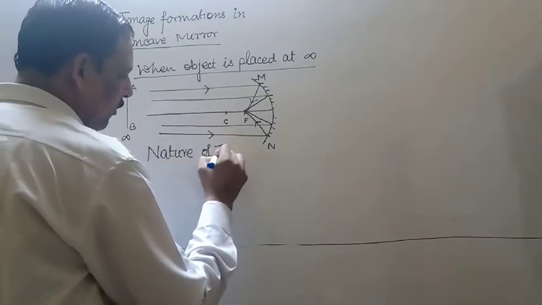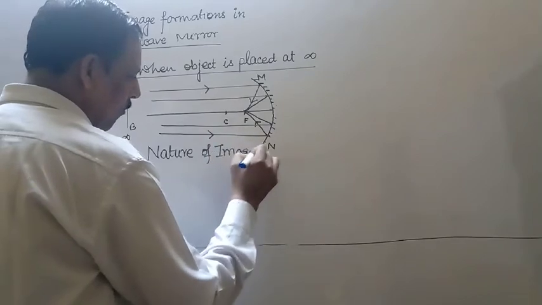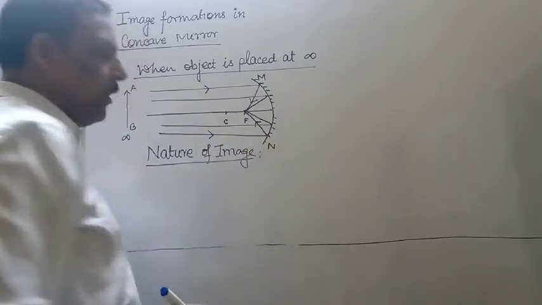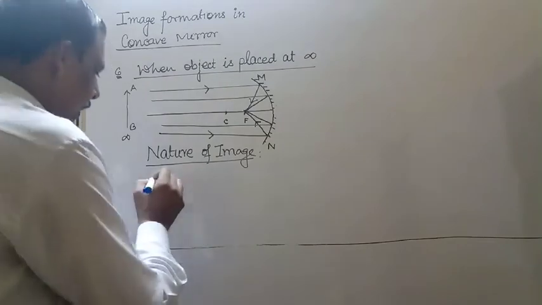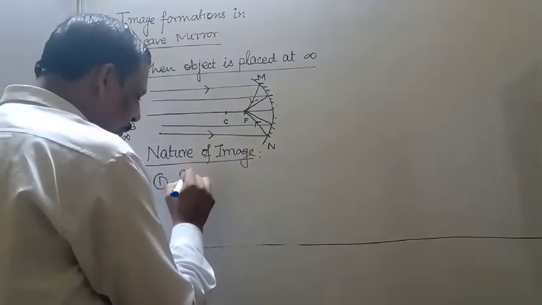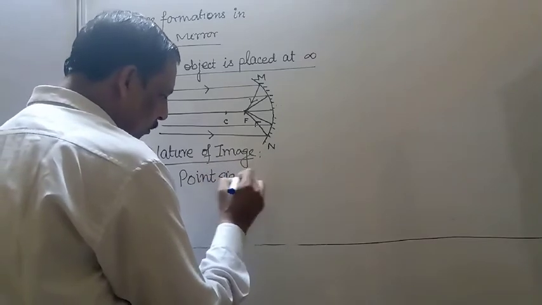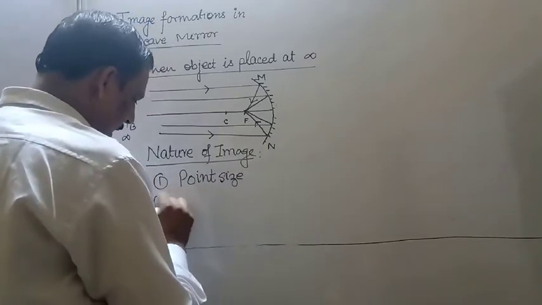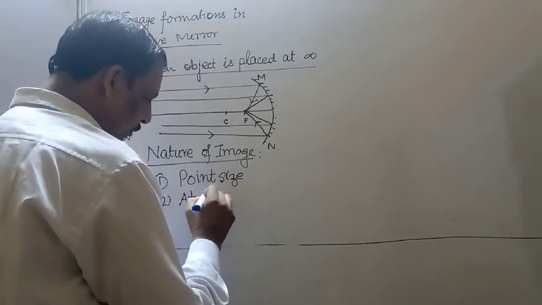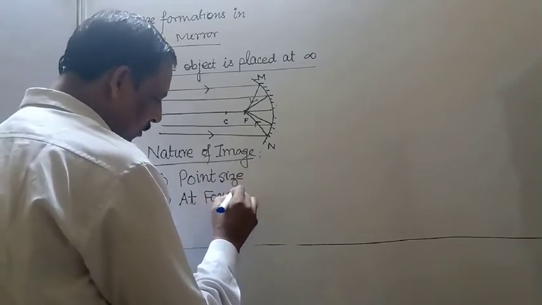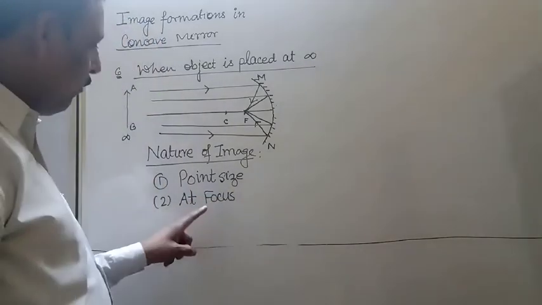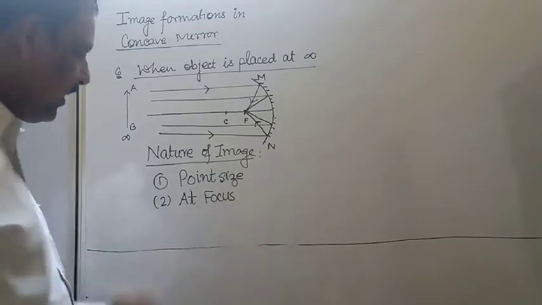So what should be the nature of the image? Number one, it will be a point size, a very small object at focus. The image will be formed at focus.